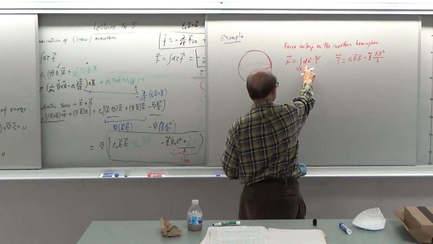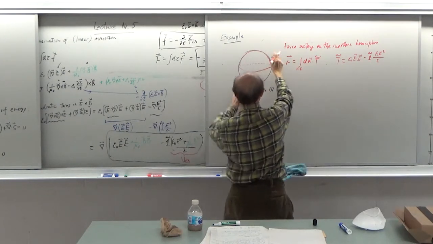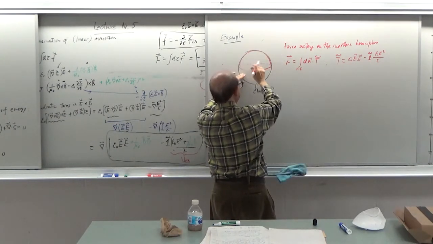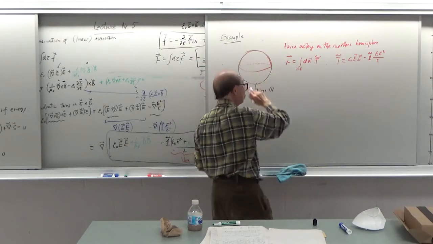We're supposed to do the surface integral over the surface for the northern hemisphere. So there are two surfaces.